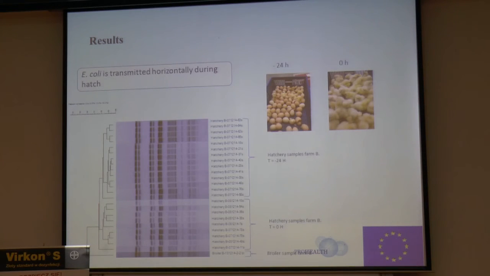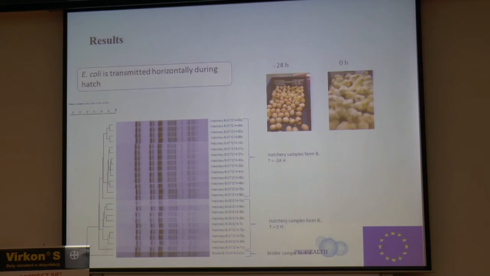We have also observed that, and again this is not surprising, but it's documented at least, that we see horizontal transmission during hatching, at the hatchery. Our data support several times that what we see in the hatchery samples, different hatches, will also, as you see here at the very bottom, appear in the broilers, and different flocks.